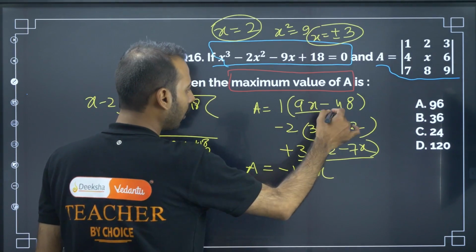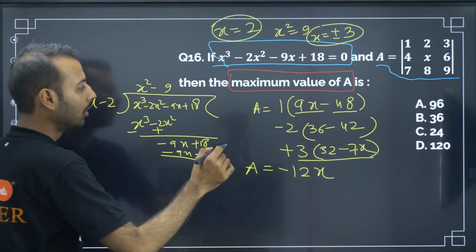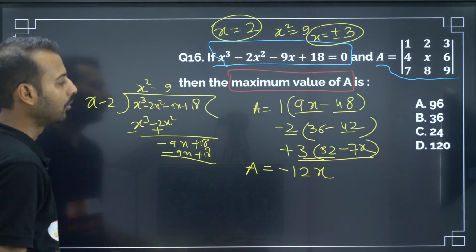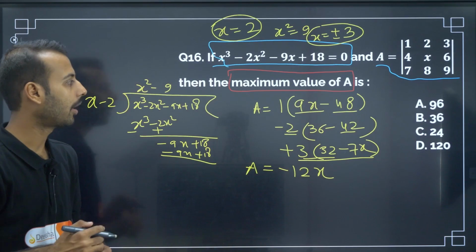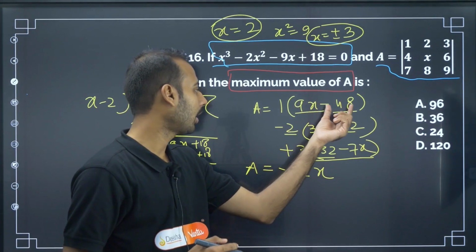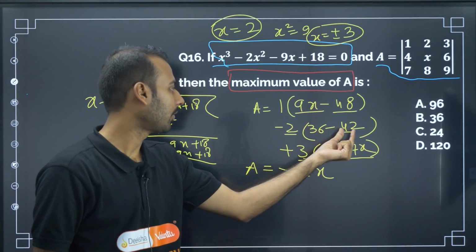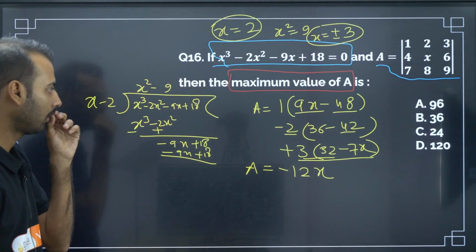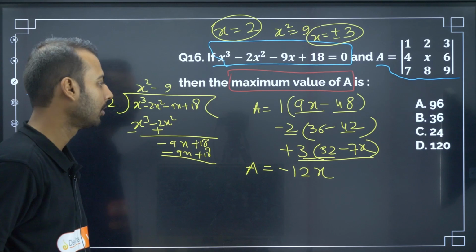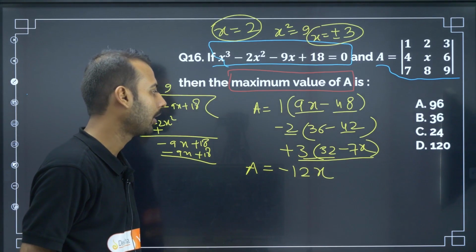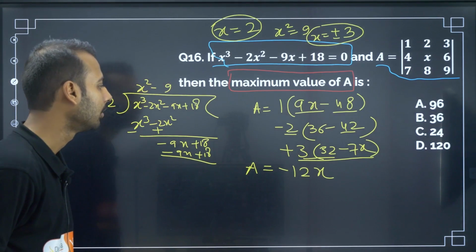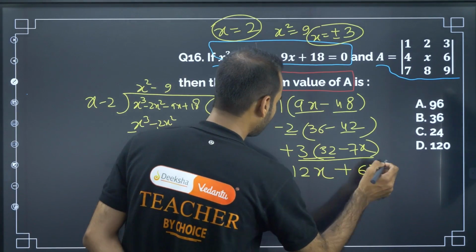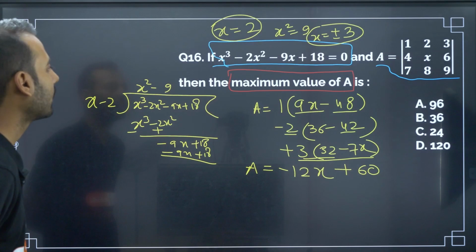So if I do the calculation, minus 48 plus 84 plus 64. 64 minus 16, here I am left with 16, and 84, 96 minus 48 is 48, and so plus 60. Here I am left with plus 60. A is equal to minus 12x plus 60.